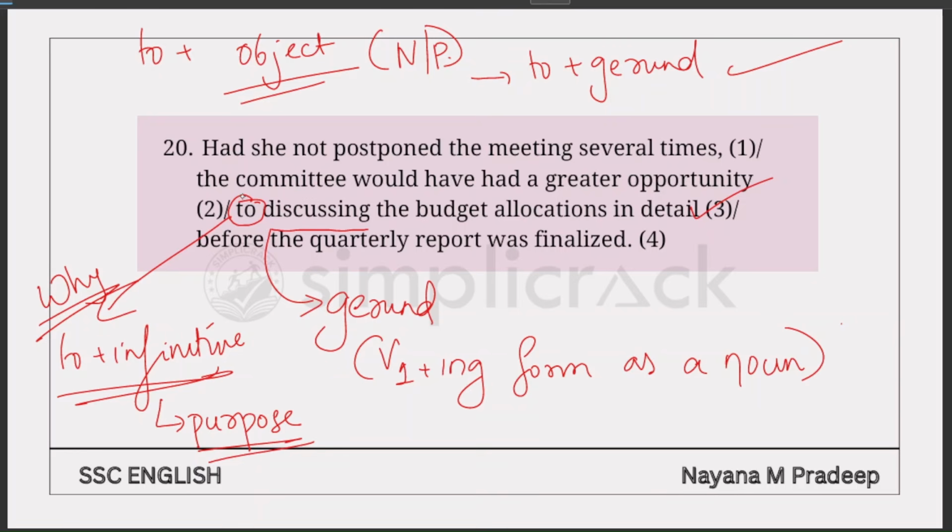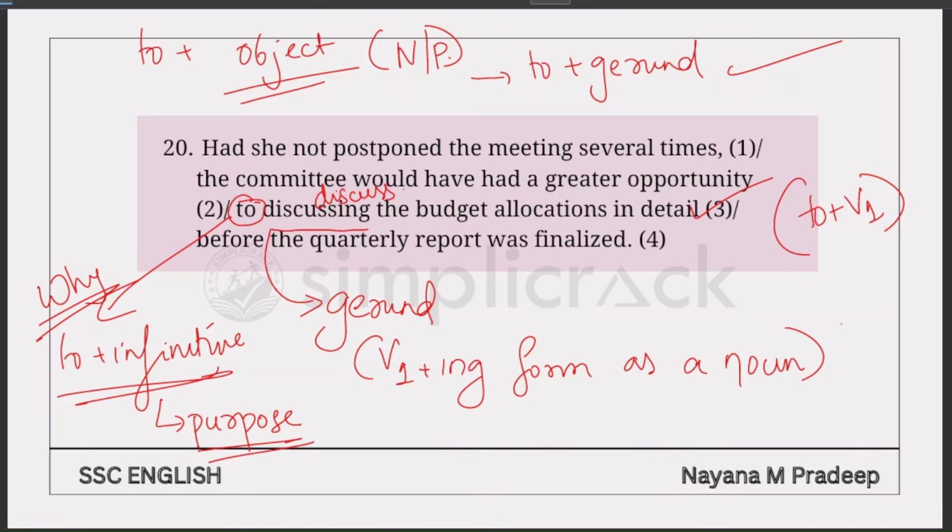So here the to does not act as a preposition. It acts as an infinitive. And we have already studied that along with to as an infinitive, we use the base form of the verb or V1 form of the verb. And what is the V1 form of discussing? It is discuss. To discuss. So whenever you come across the word to, you have to check whether it is used as a preposition or as an infinitive.